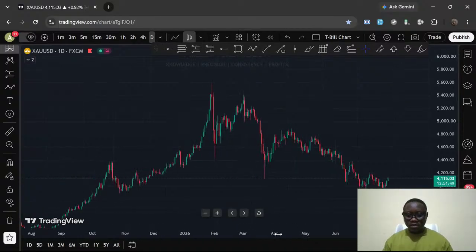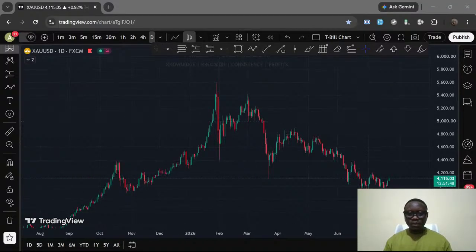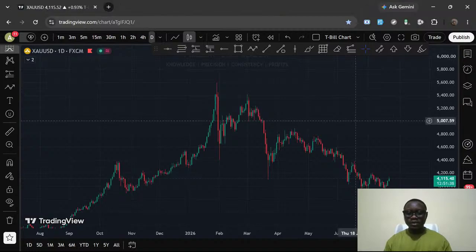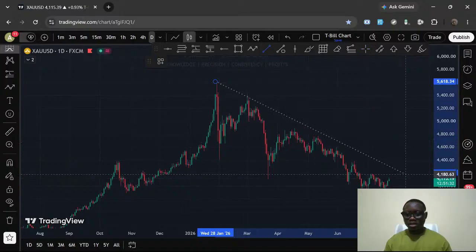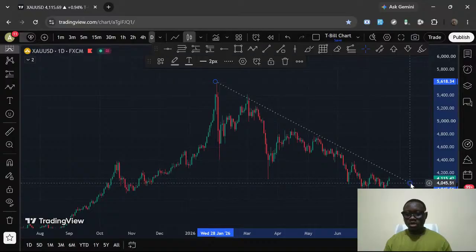So let's begin by marking out our structures. If you look at XAUUSD, by drawing the trend line, you can already tell that gold is bearish.